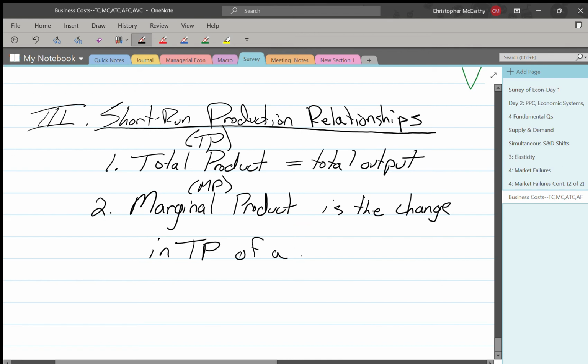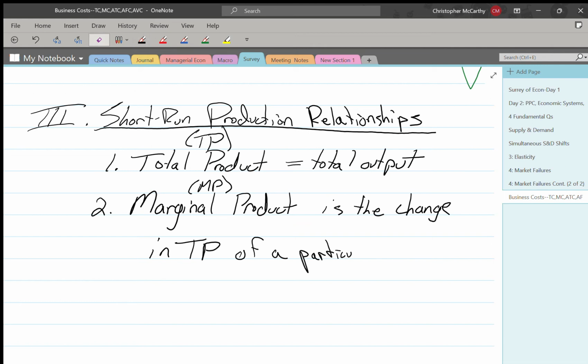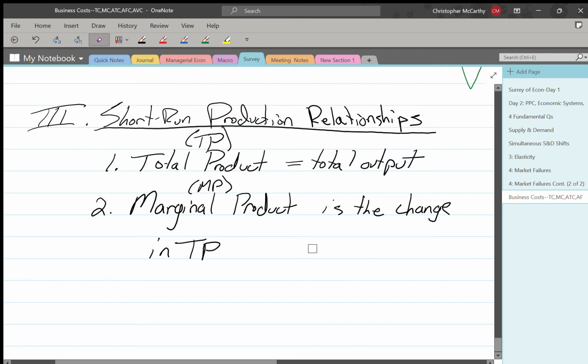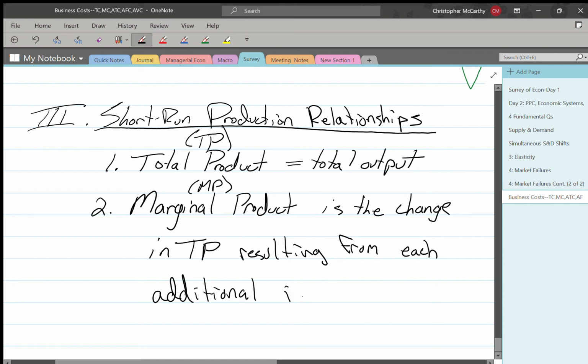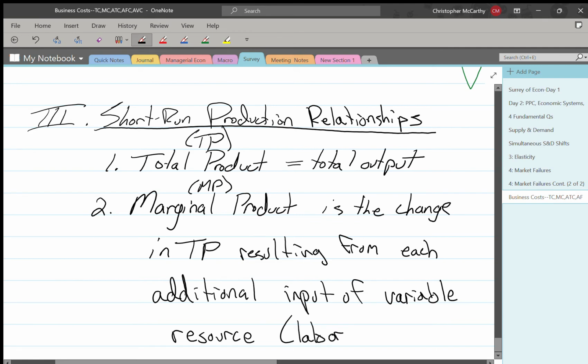Of a particular, the change in the total product resulting from each additional input of a variable resource. So for the most part, we're going to use labor, but it doesn't always have to be labor.